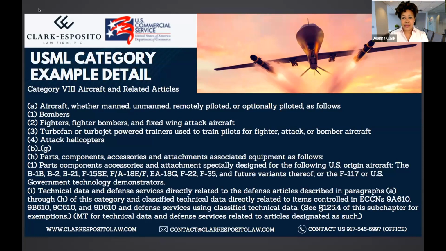And then it gets into more specific items. At the very bottom, paragraph H.11 covers technical data and defense services directly related to the defense articles described above in paragraphs A through H of this category.